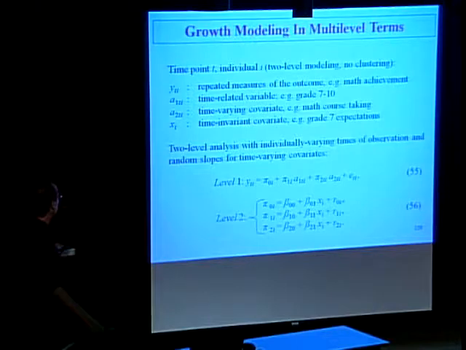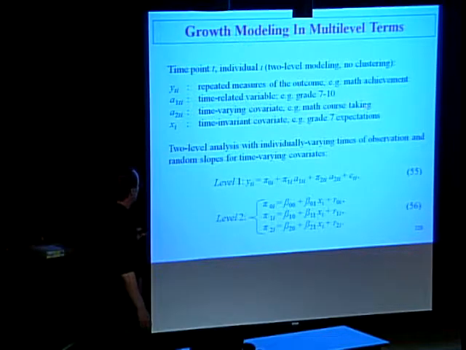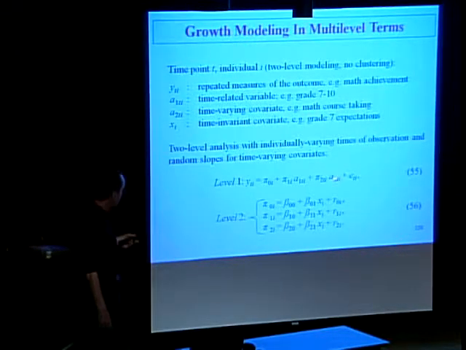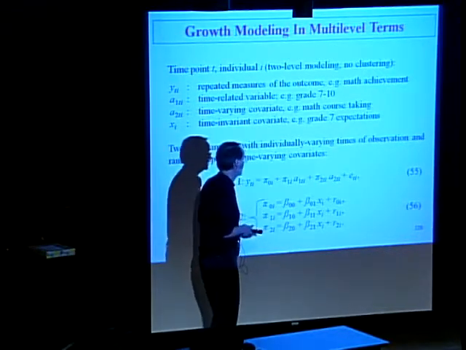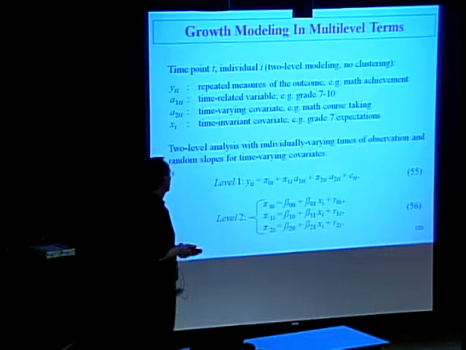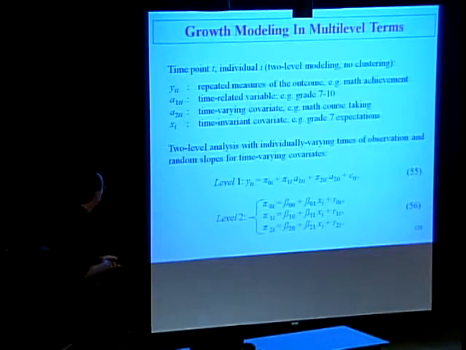And we're going to introduce a time-varying covariate, A2, for instance, math course taking, and it sits out here in equation 55, the pi 2 times A2 term, where pi 2 also has subscript I, so varying across the individuals, plus it has subscript T varying across time as well.